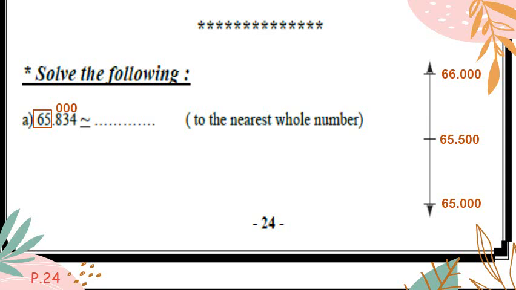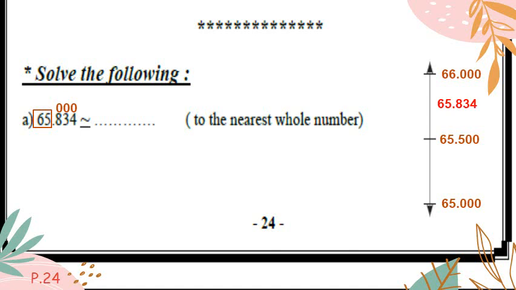Now, how can I round the original number? Okay, search where the original number is located on the number line. 65.834, is it up to the midpoint or down to the midpoint? Bigger than the midpoint, or smaller than the midpoint? I have 834, it's bigger than 500, that means the original number is up to the midpoint.